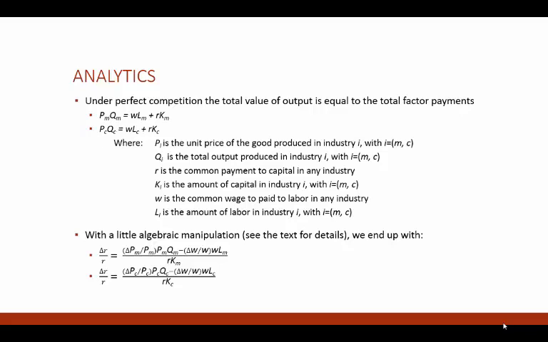Again, with a little algebraic manipulation, we have the change in the rental income being expressed by two equations that are functions of the change in the wage rate, as other variables are known and can be plugged in.